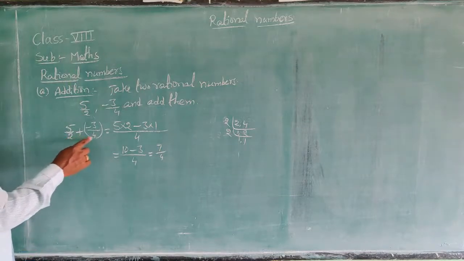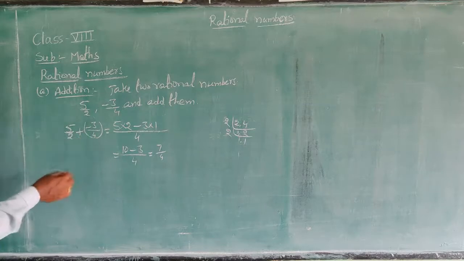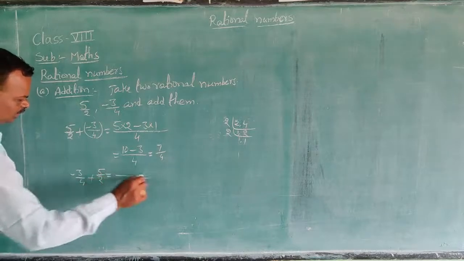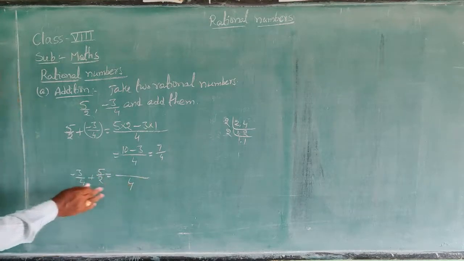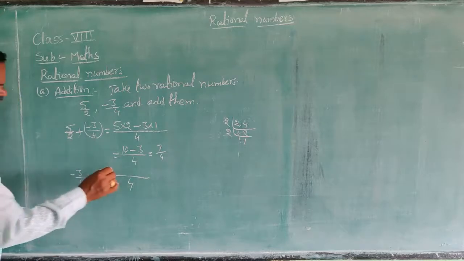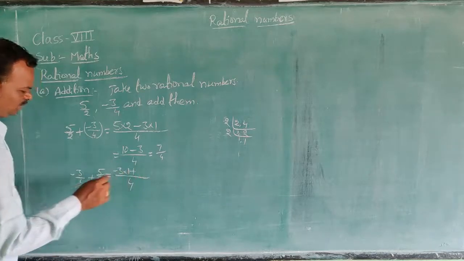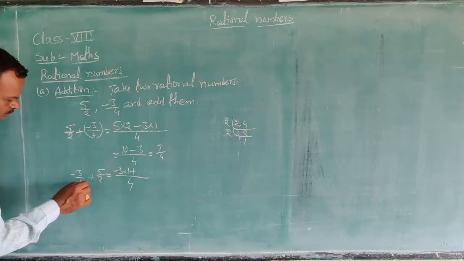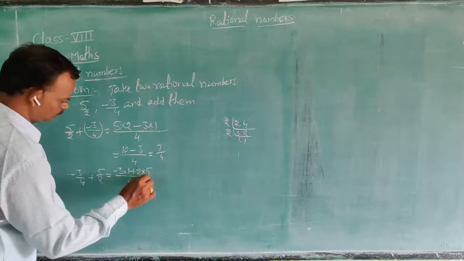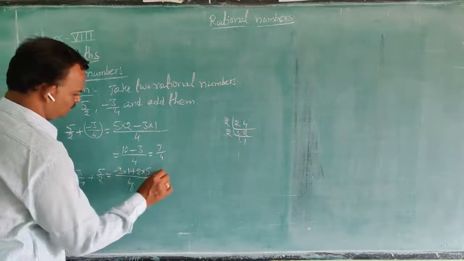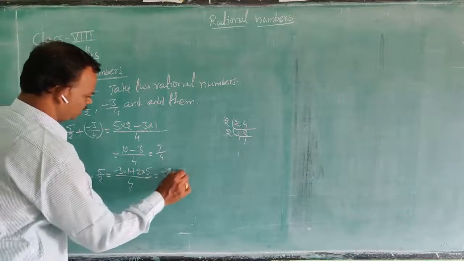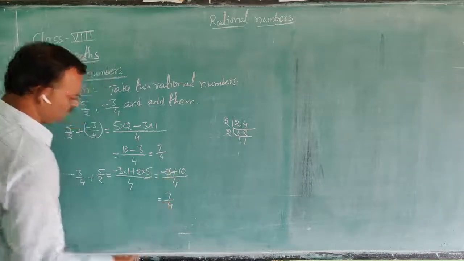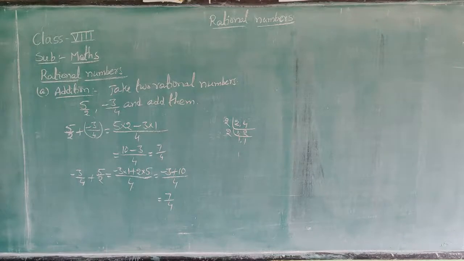And we interchange the order of these two values. Minus 3 by 4 plus 5 by 2. Here LCM is also 4. 4 divided by 4 is one time, 1 into minus 3, plus 4 divided by 2 is 2 times, 2 into 5. Minus 3 plus 10, 7 by 4.